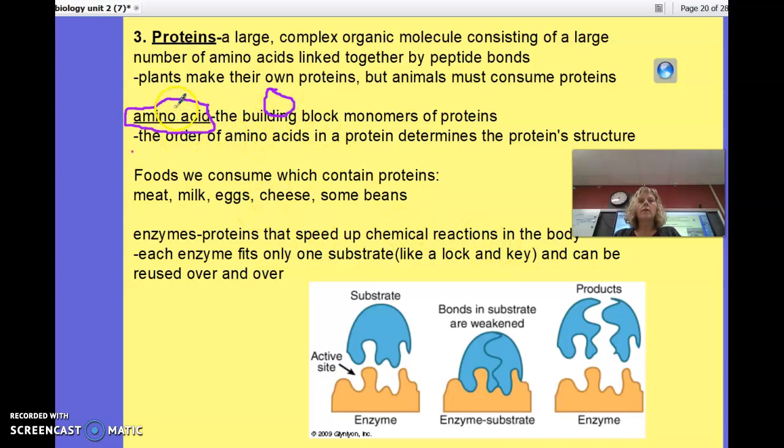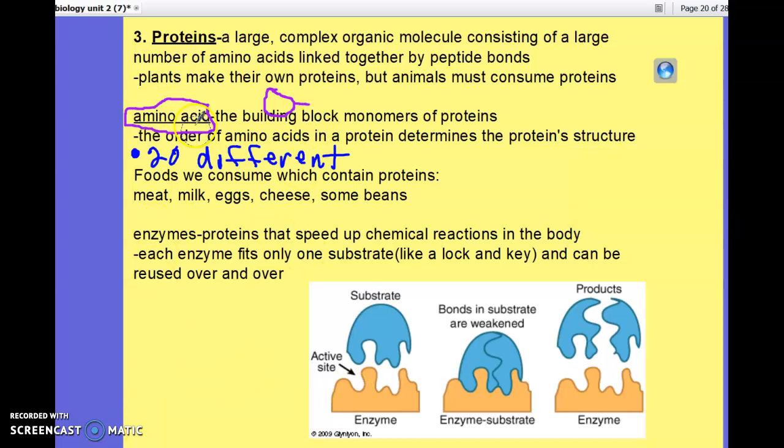And then all of these amino acids link together to form larger molecules. So we have 20 different amino acids that are all linked together by something called peptide bonds. So peptide bonds are the bonds that hold these amino acids together.